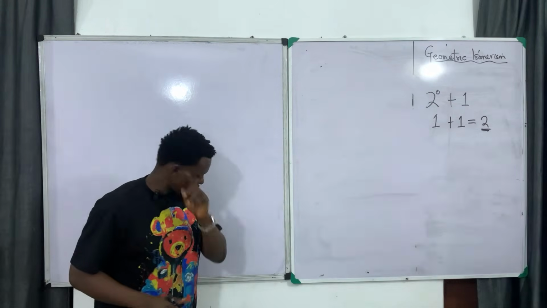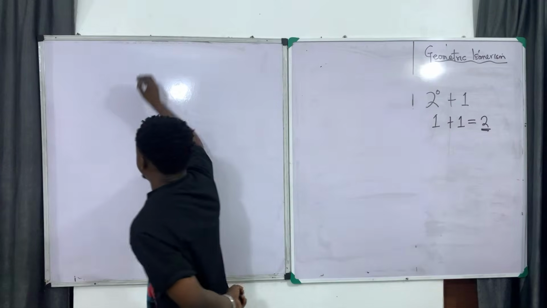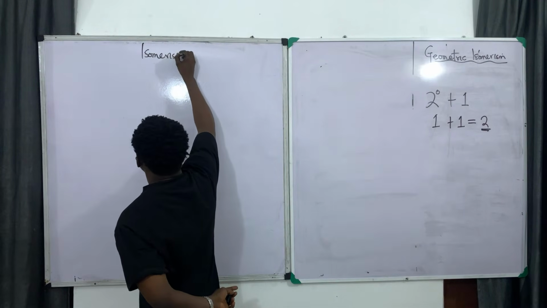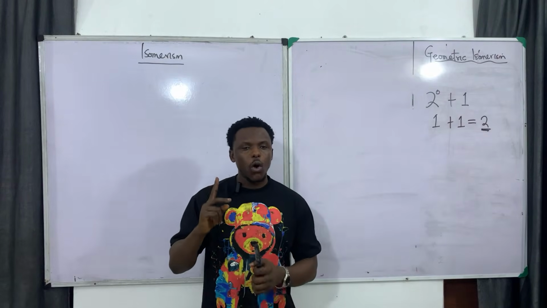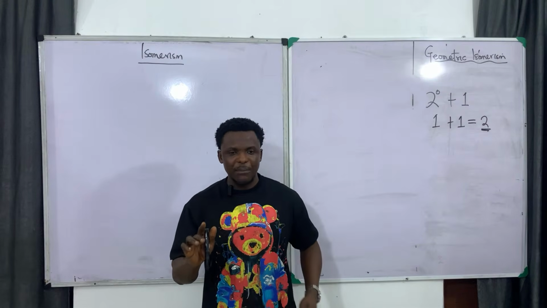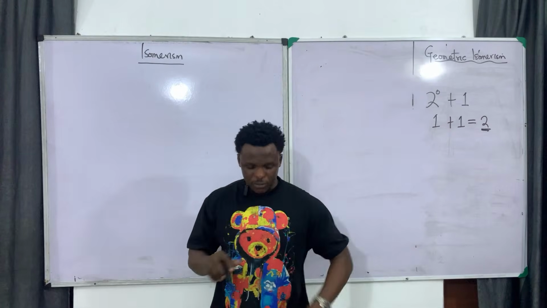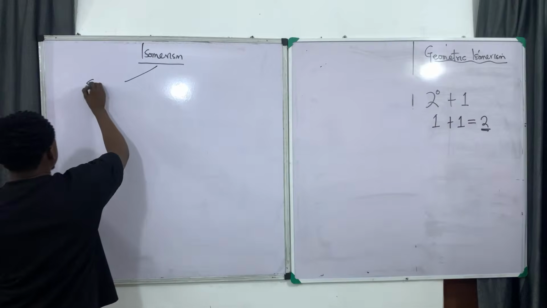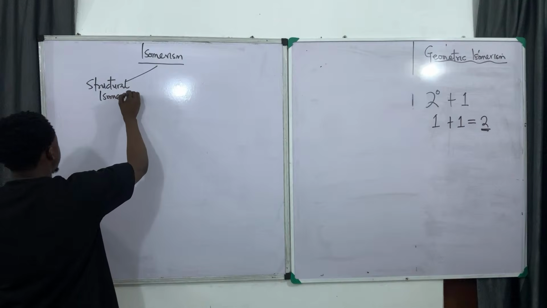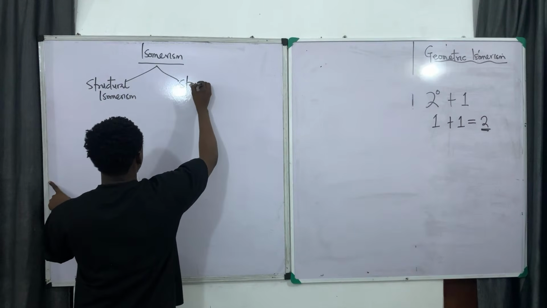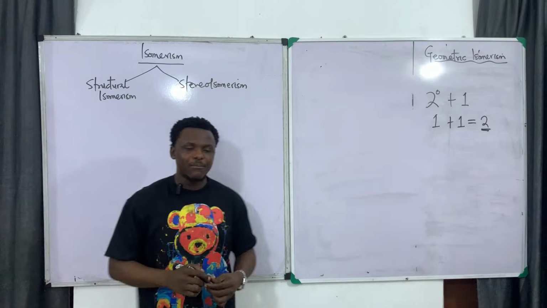All right. So for the sake of understanding and for the sake of our new students, let's take it again. Isomerism is a phenomenon where two or more compounds have the same molecular formula but different structure. Same molecular formula but different structure. We have two types: structural, and geometric and optical. Please everybody should pay attention. After this, I'm not taking this again.